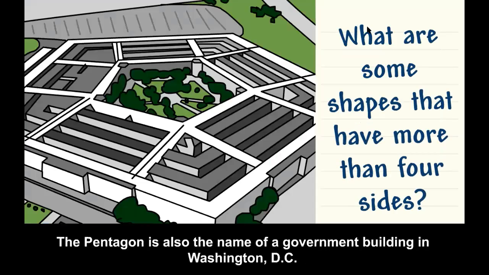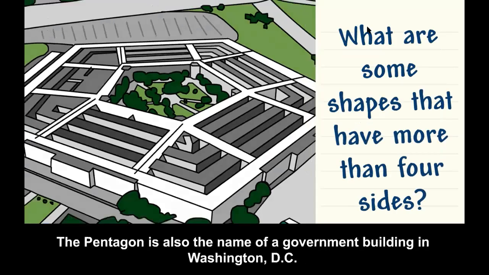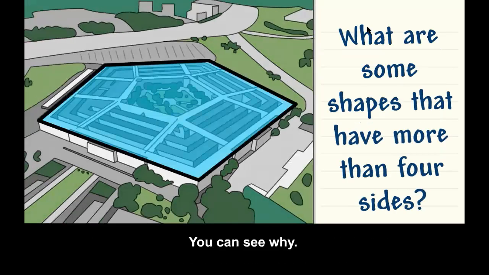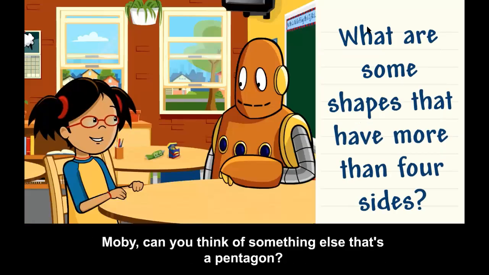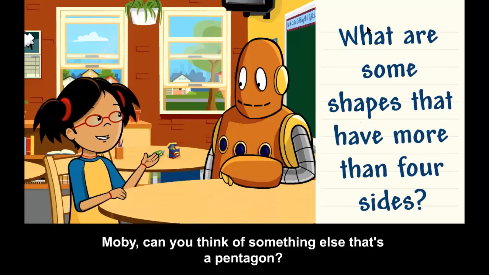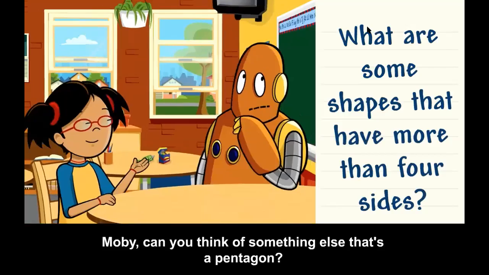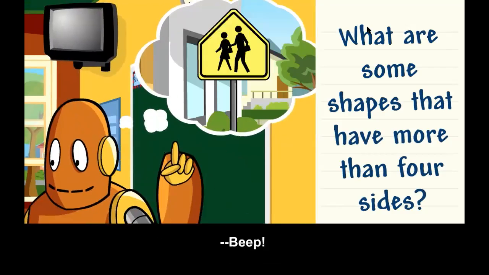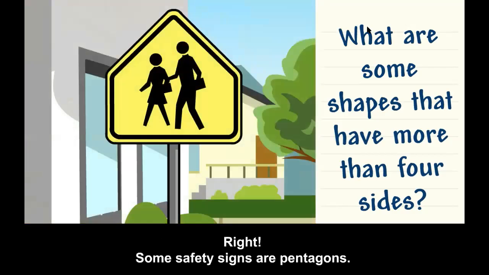The Pentagon is also the name of a government building in Washington, D.C. You can see why. Moby, can you think of something else that's a pentagon? Right, some safety signs are pentagons.